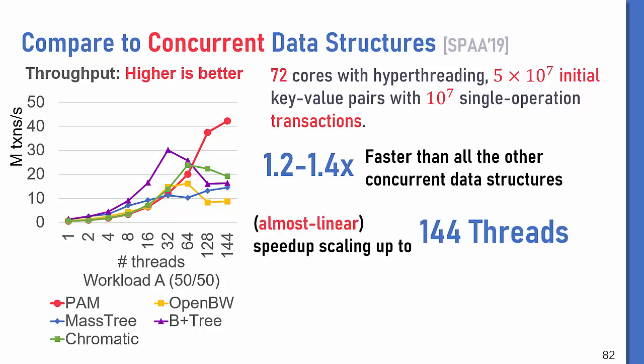However, P-tree has almost linear speedup, scaling up to 144 threads, and it's actually the only implementation that scales to 144 threads. This is again because P-tree does not suffer from any contention, while for all the other concurrent data structures, more threads can also mean higher contention, so the performance can even be worse when more threads are involved.